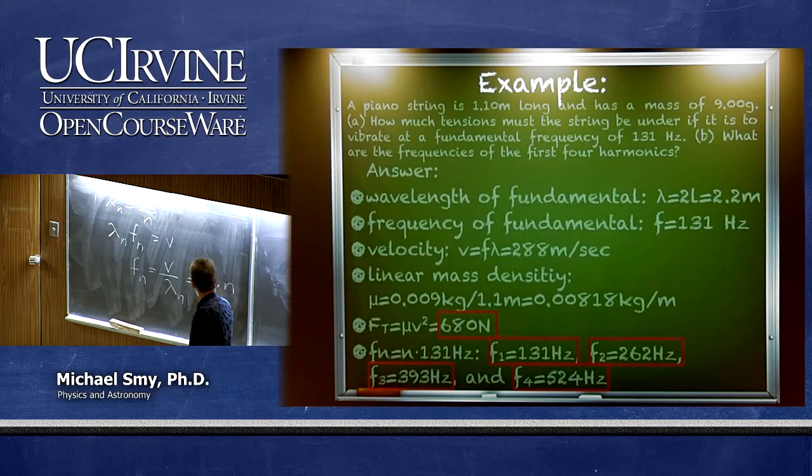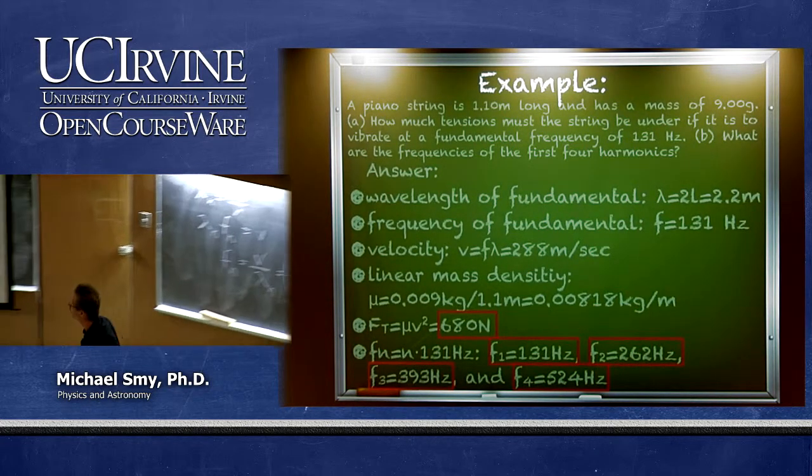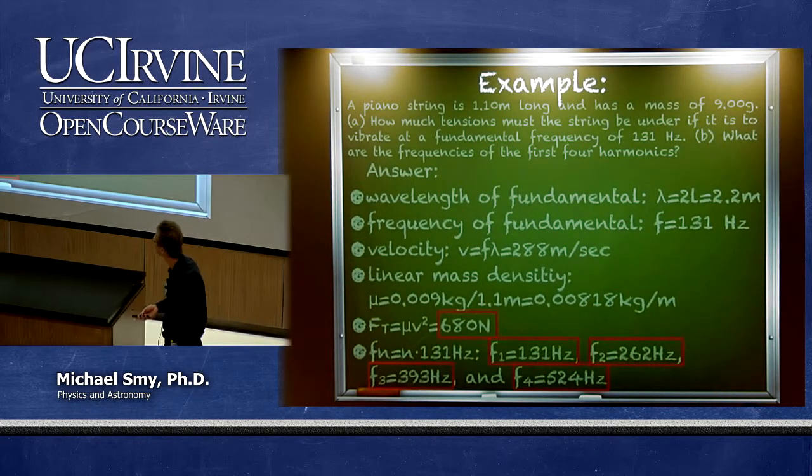So this is the frequency of the first harmonic, or the fundamental, and this is the order of the harmonic. So all we have to do is multiply the frequency of the fundamental with the order of the harmonic that we want to look at.